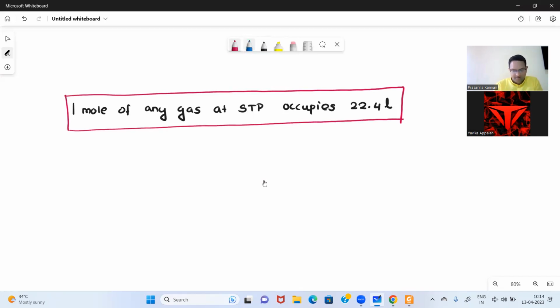For example, we were speaking of carbon dioxide, right? So 1 mole of carbon dioxide, of course, was nothing but 44 grams of carbon dioxide, correct, Yuvika? How many molecules would have been there?